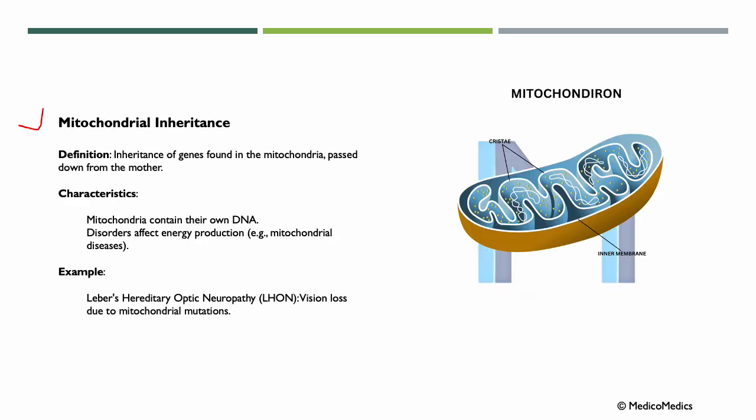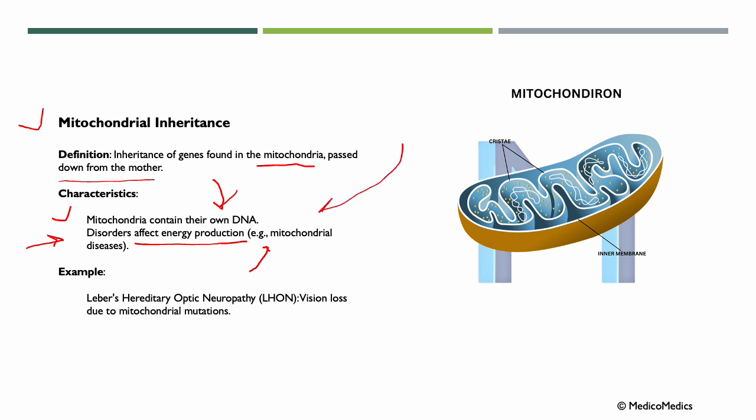Another one is mitochondrial inheritance. So inheritance of genes found in the mitochondria passed down from the mother. And a characteristic for this is that mitochondria contain their own DNA, and disorders here could affect energy production. So for example, we have a variety of mitochondrial diseases.